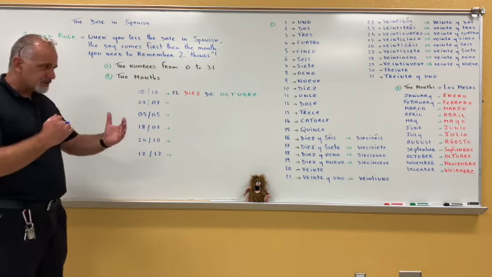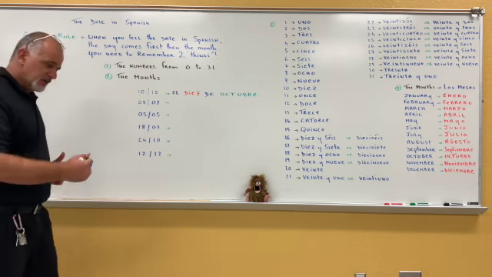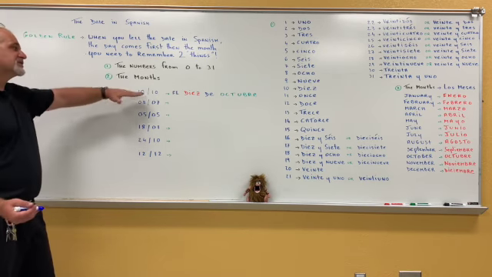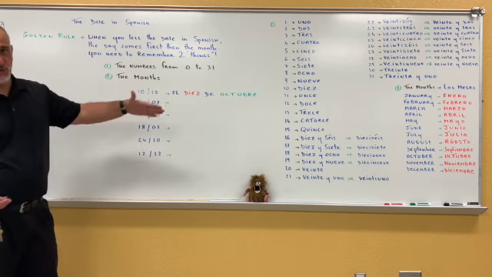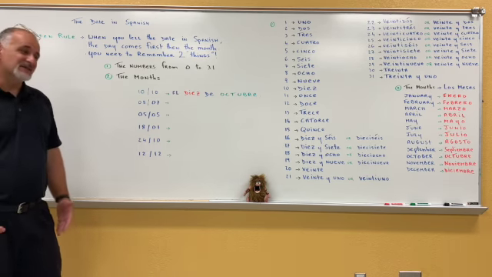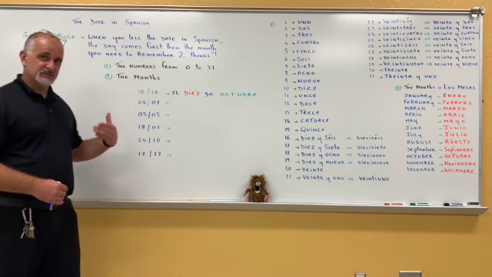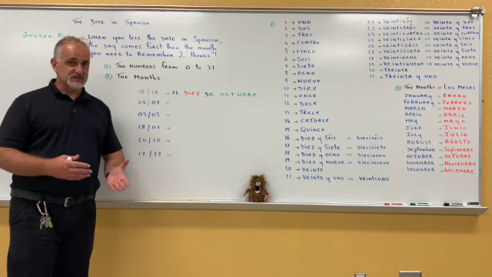You're gonna have to think backwards from the way you think in English. You see, in English, when you see two numbers like this, the month is gonna be the first number, and then the day will be the second. Well, in Spanish, the first number is actually going to relate to the day, and the second one is going to relate to the month. Okay, that's something you need to get used to. It's just different that way.